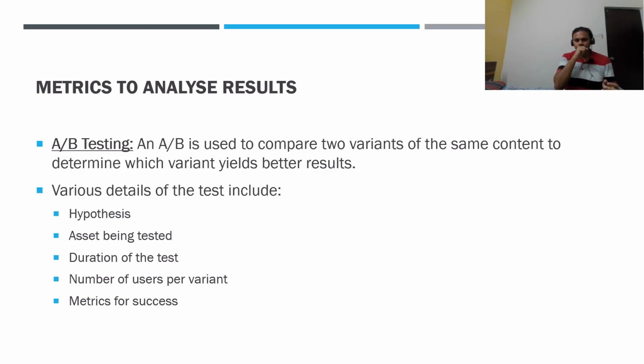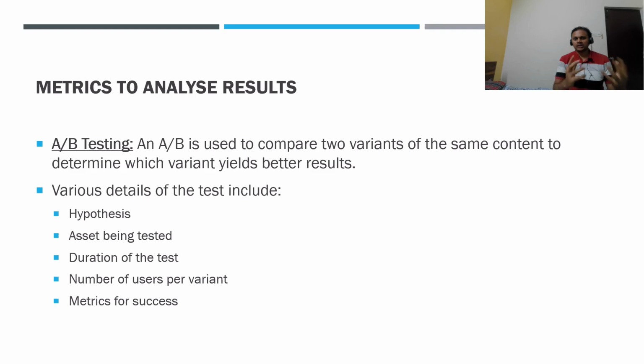Now you will split the users into 5,000 and 5,000. You will send one group of 5,000 the same mail that you typically send all the time, but for the other 5,000 you will send a variation of that mail with only one element changed. You will not change multiple elements, because then you wouldn't be able to get the intended result, but you will change just one element.